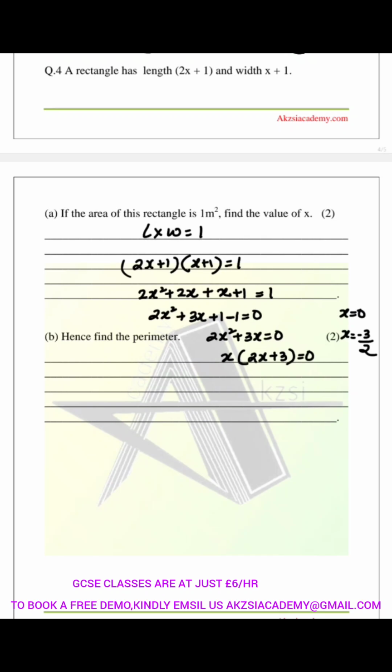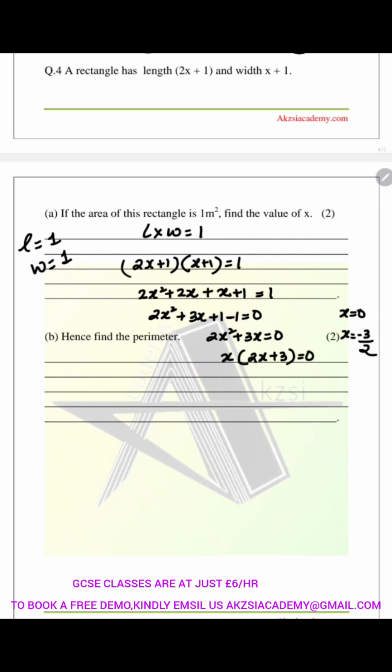For length, when I substitute 0, this comes out to be 1 and width also comes out to be 1. Similarly, when I substitute x as negative 3 over 2, this will be negative 3 plus 1, so length is negative 2. Not possible at all. That means this value of x is not possible. The only length and width possible in this case is 1 and 1.